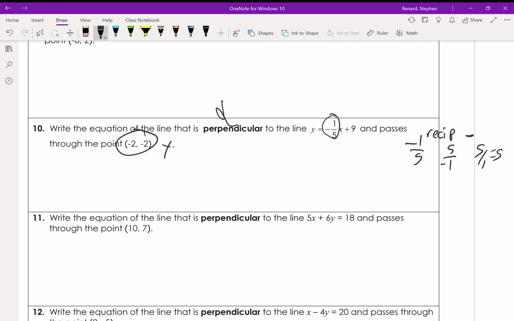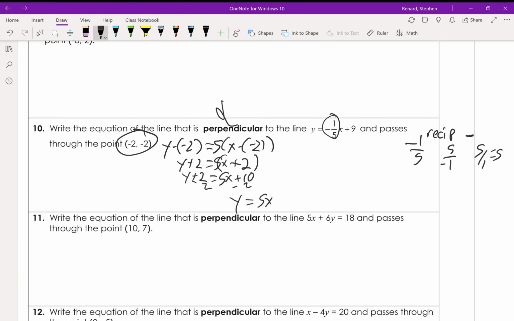So this becomes y minus a negative 2 equals my slope, 5, times x minus a negative 2. Y plus 2 equals 5 times x plus 2. Almost did it again. Y plus 2 equals 5x plus 10. Subtract 2 from both sides, and we get y equals 5x plus 8.